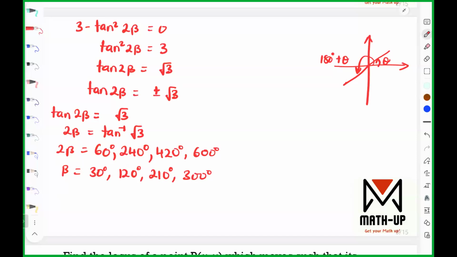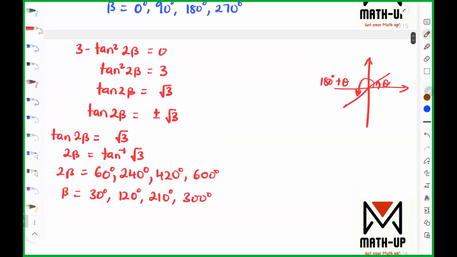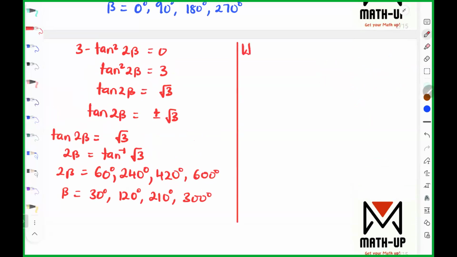Then we're also looking at the negative value, as we have done for the positive value. So when tan 2 beta is equal to negative root of 3, it means that 2 beta will be equal to tan inverse of negative root of 3.